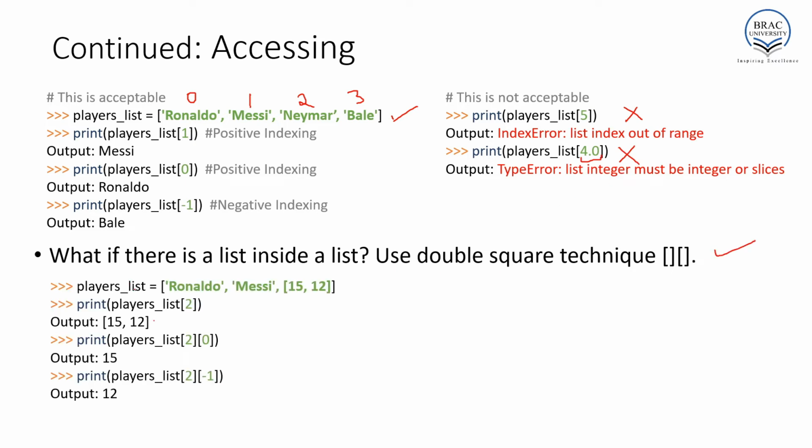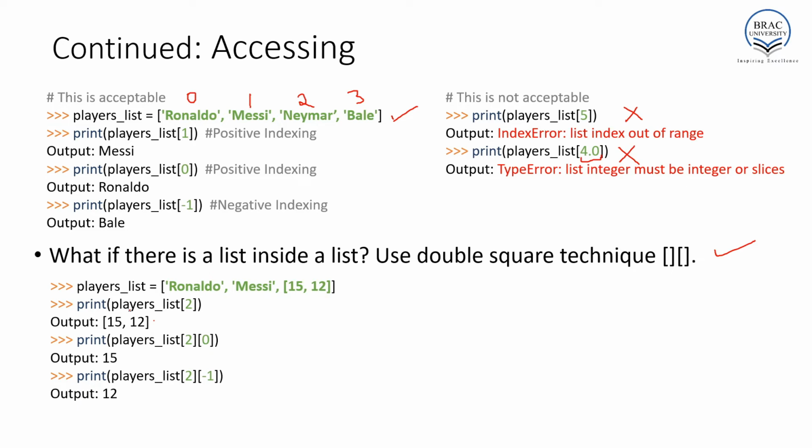In this example, I have created a list named players list, and inside this players list there are 3 elements. The first is a string Ronaldo, the second is a string Messi, and the third is a list of integers. What if I wanted to access the first element?